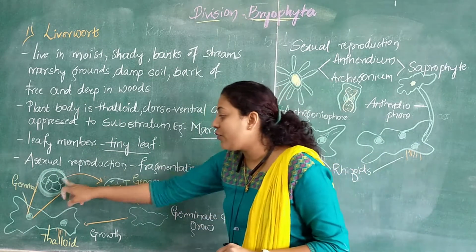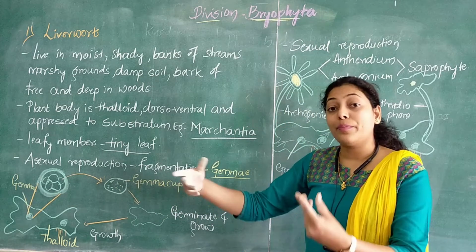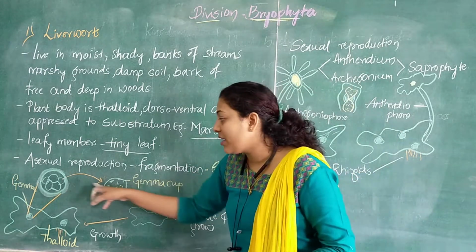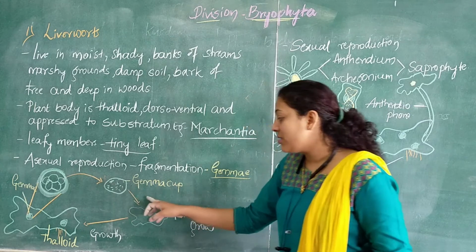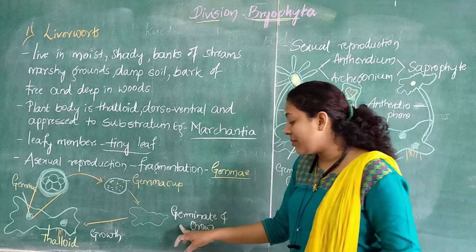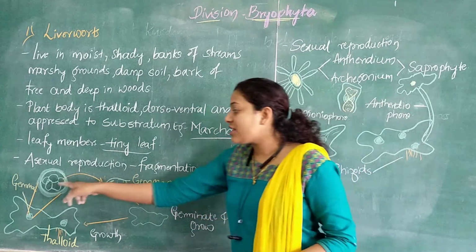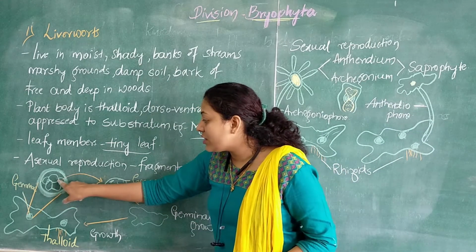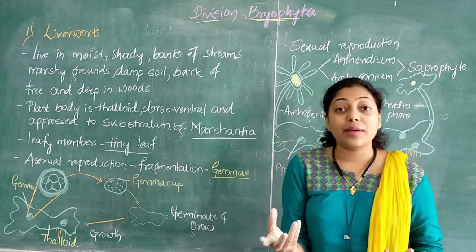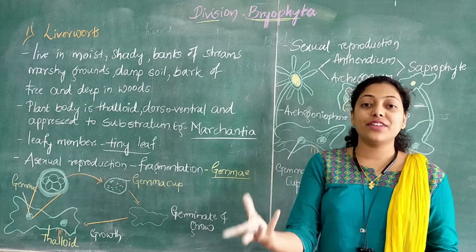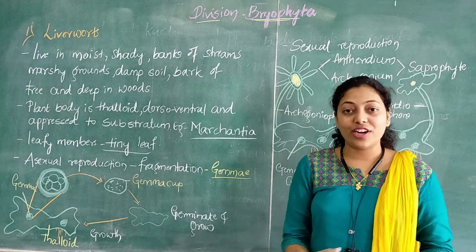When the plant body takes one gemma, this one gemma undergoes germination and growth. In the sense that if you take five gemmae, you can form five different bodies of the thalloid plant.